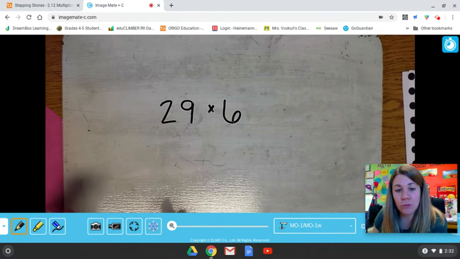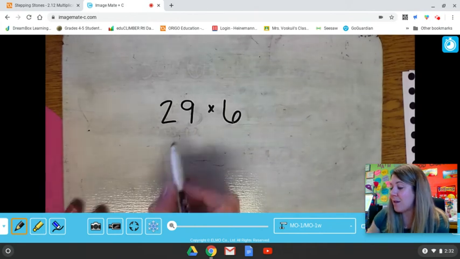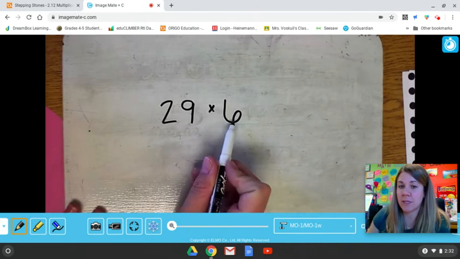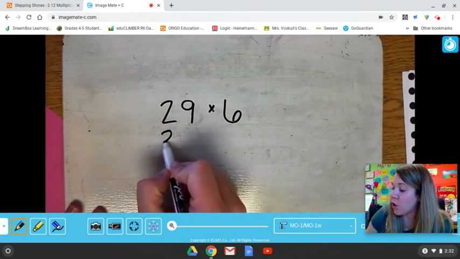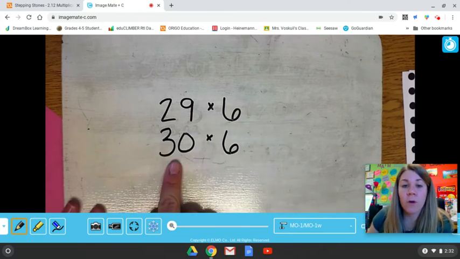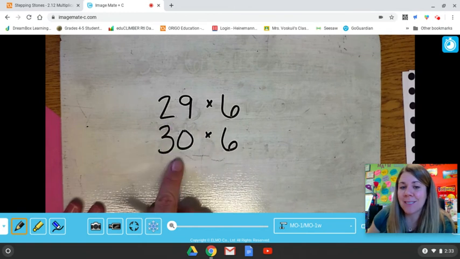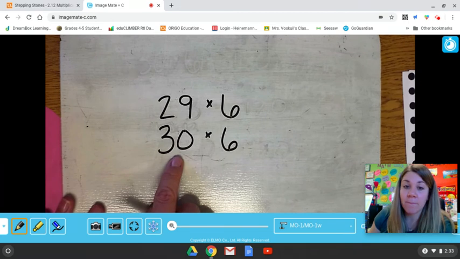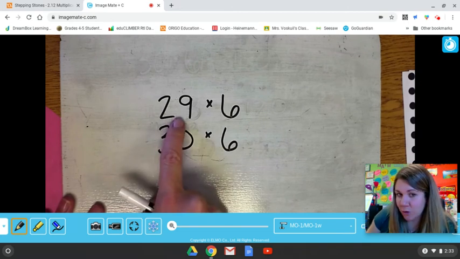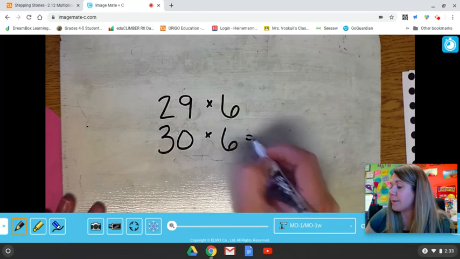So now we're going to have to use a multiple of 10 to help us, because we can't just say 10 times 6. We have 29 times 6. Let's do 30 times 6. Your goal, boys and girls, is to get a number close to 29 that's easy to multiply, a multiple of 10, which is 30. So instead of 29 groups of 6, I have 30 groups of 6.